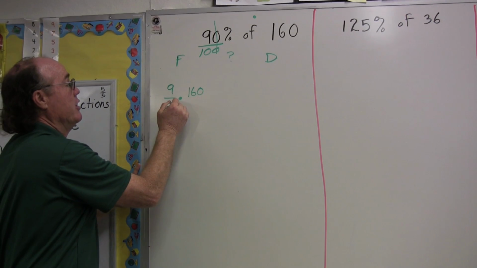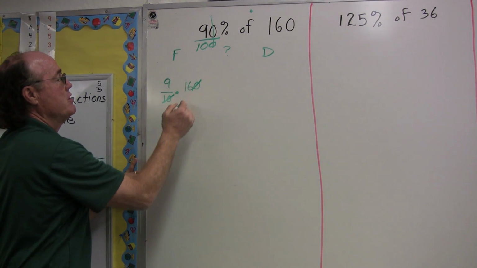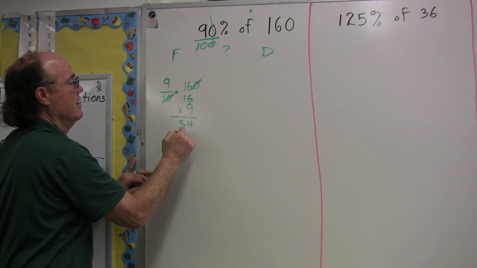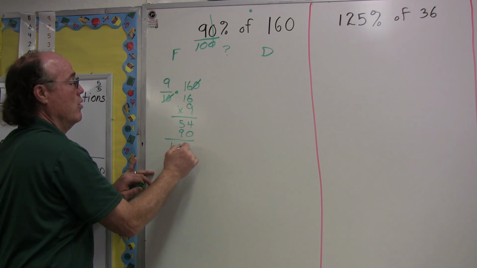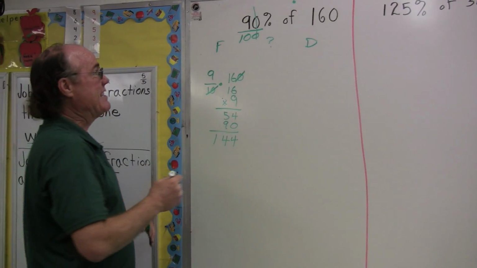Now, I basically could cross cancel. Then we just have 9 times 16. 54 and 90 is 144. Okay? Now that to me was pretty easy.